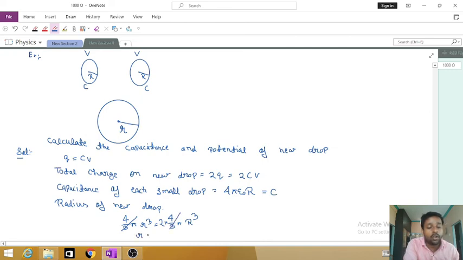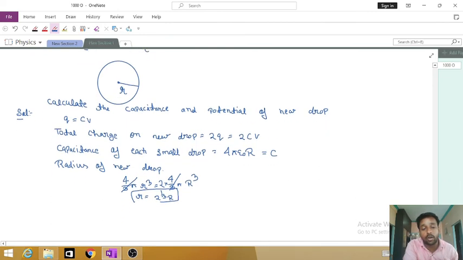The small r value will become 2 power 1 upon 3 times capital R. This is the value of small r.